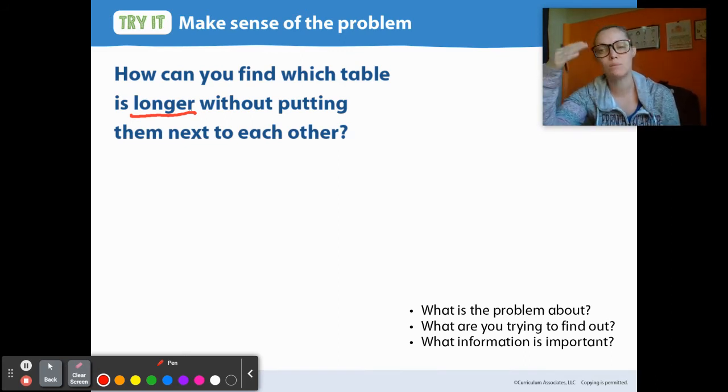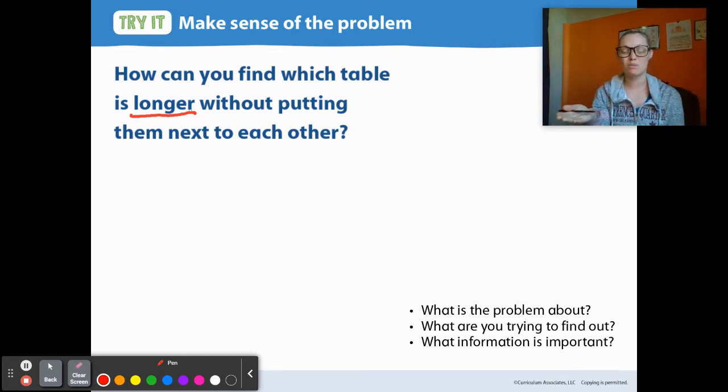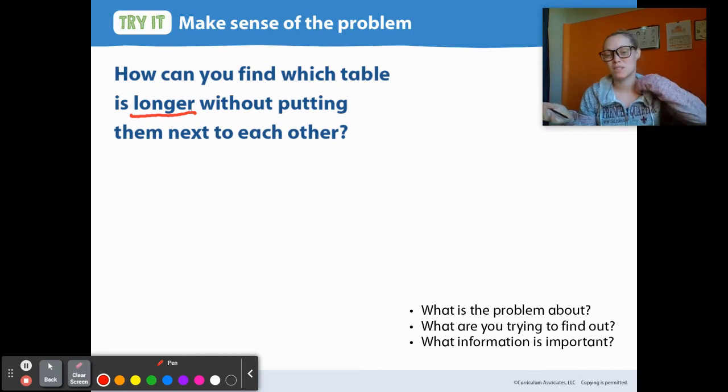What information is important to know? The problem doesn't give us a lot of information. So we just know there's two tables. We know that we want to figure out which one's longer. So your job is to figure out what would we have to do to figure out which one's longer.